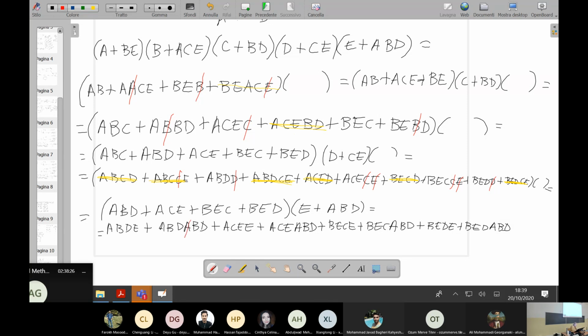So now ABD, easy. ACE, double E. ACE, ABD, I just can take away A. BECE, BECABD, I take away this B. BEDE, I take away an E. BEDAB, I take away B and D. And now I have ABD, which is inside ABDE. ACE, which is inside ACEBD.